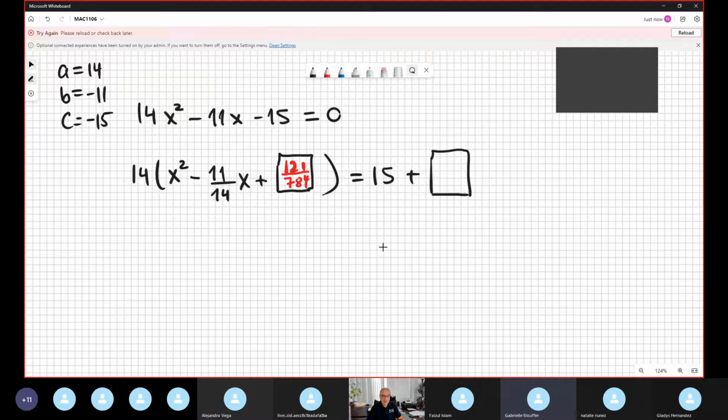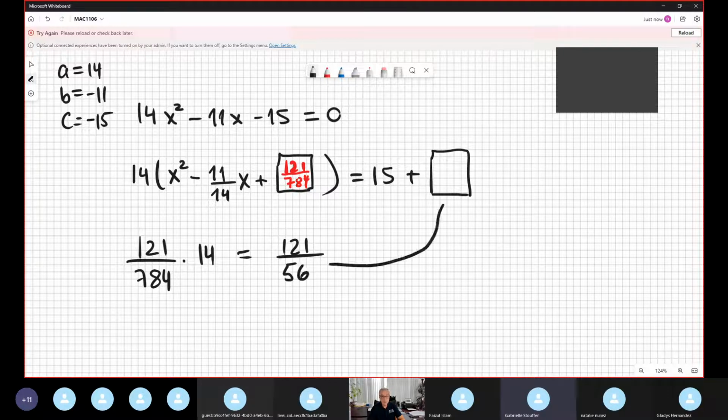In the second box, you put a number. Give me the result of the multiplication of 121 over 784, the number that you put inside the parentheses, multiplied by 14. Because remember, when you apply the distributive property, this 14 somehow multiplies this. I put it in the calculator one more time, and the answer is 121 divided by 56.